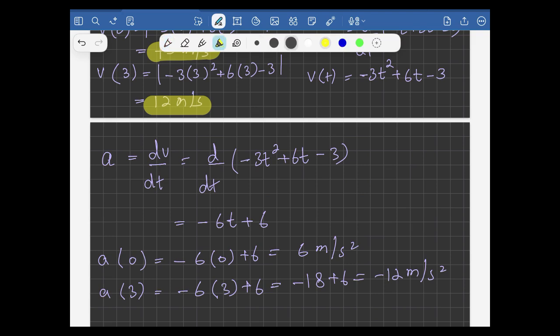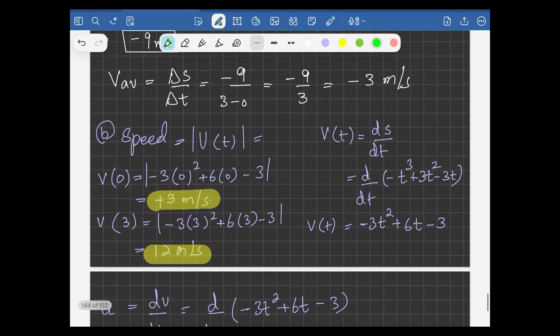We take the acceleration function we already worked out, and substitute the inputs t as 0 and 3 one by one, and we find their values, and that was what the question was asking.